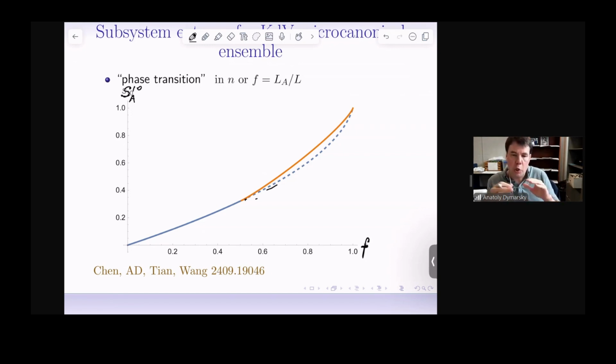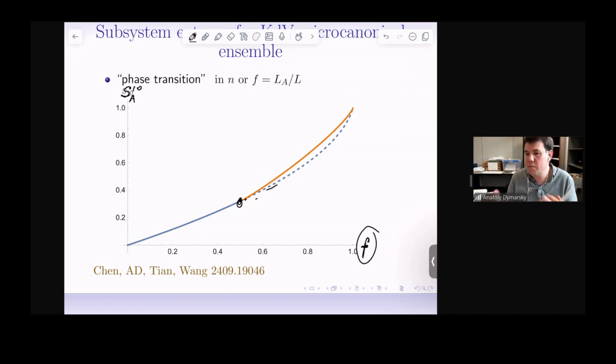And of course, you can see exactly this transition holographically because you have two saddle points. And this point is exactly when those two saddle point solutions have exactly the same free energy. And then if you change the fraction of the subsystem to the full system, that is a parameter f, one of the solutions or the other will win, and therefore you need to change the branch.